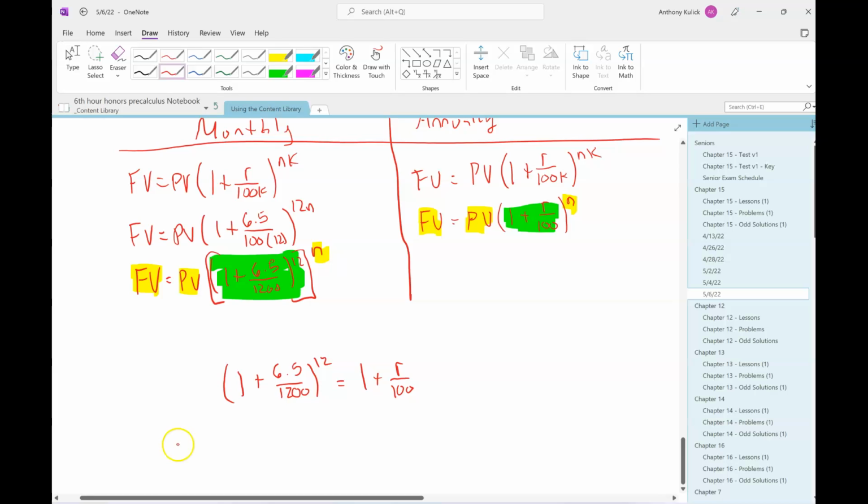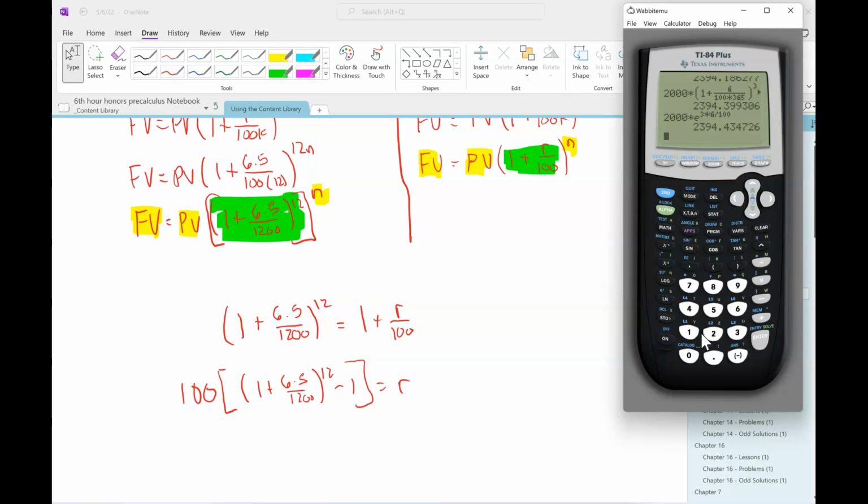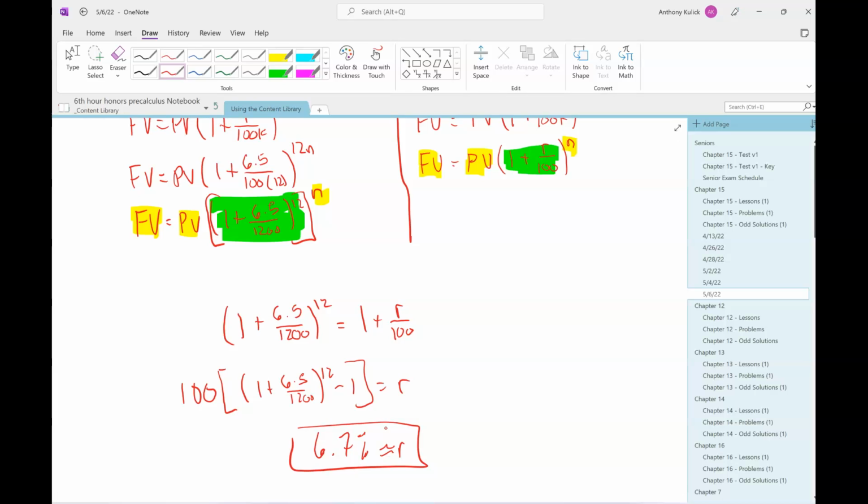Subtract 1 and multiply by 100, right? So I got that's about the same as a 6.7% interest. We cool with that?